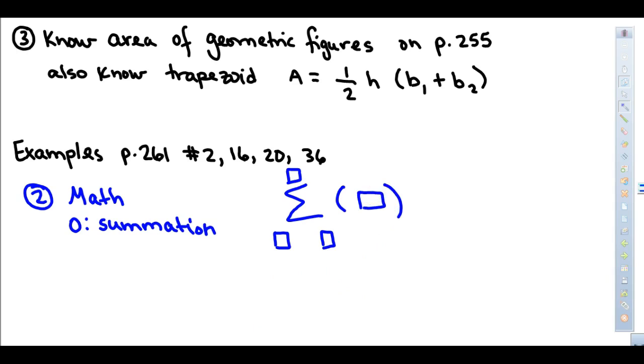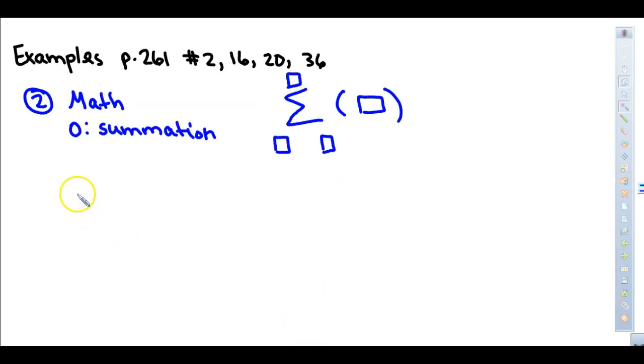What you're going to do is always tell them what your variable is, and in number 2, the problem says to figure out the summation of k as it goes from 3 to 6 of k times k minus 2. So what you're going to do is just put a variable here.